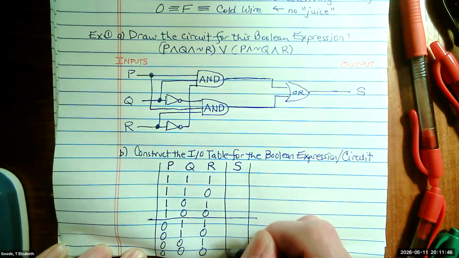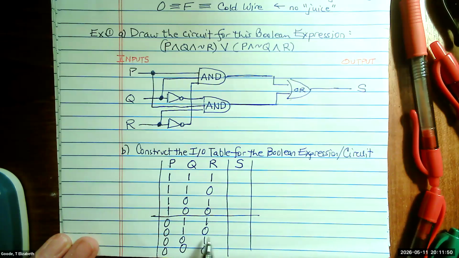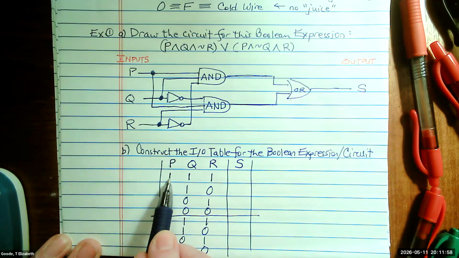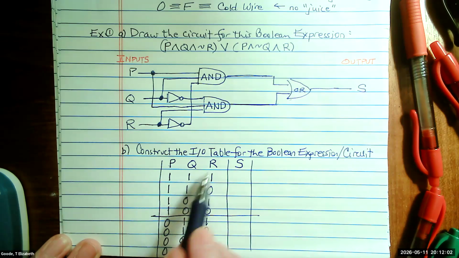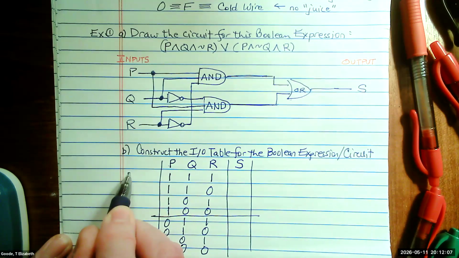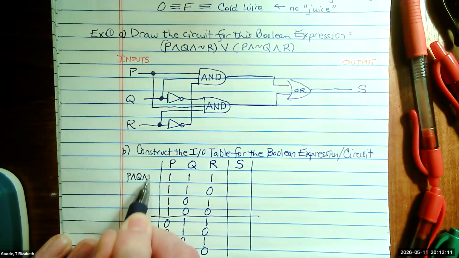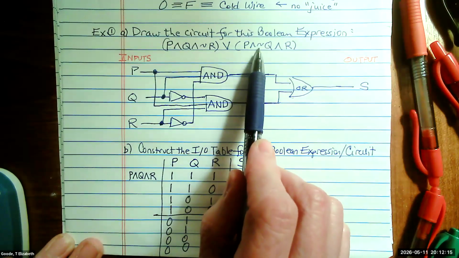And what we need to understand is that each of these rows with this input represents a certain kind of situation with our input wires. For example, in row 1, P is a 1, it's hot, Q is 1, so it's hot or true, and R is 1. So this first row represents P and Q and R. But that's not part of the expression.